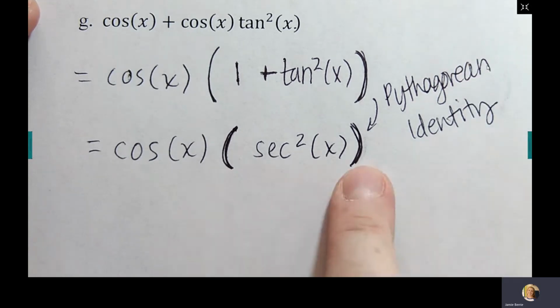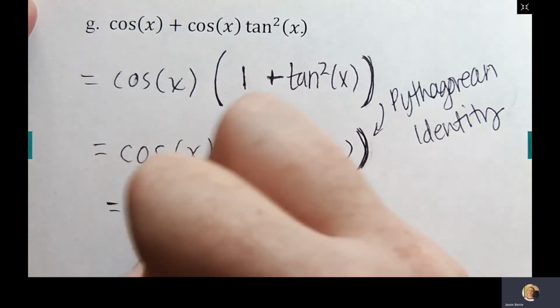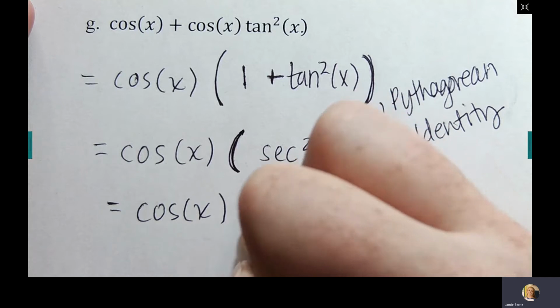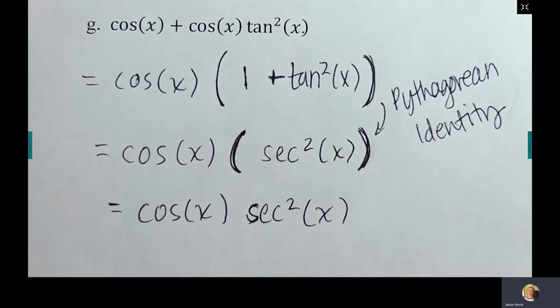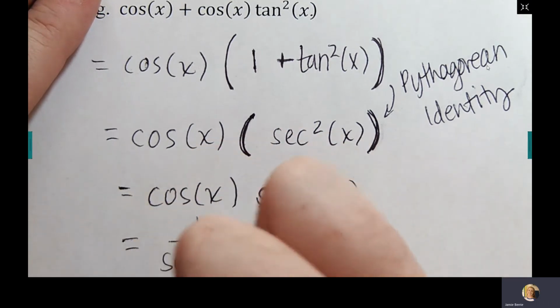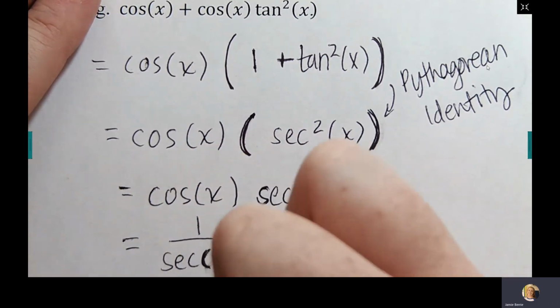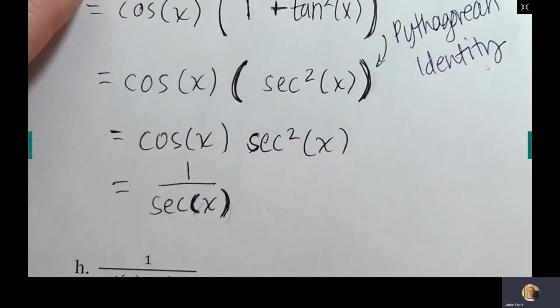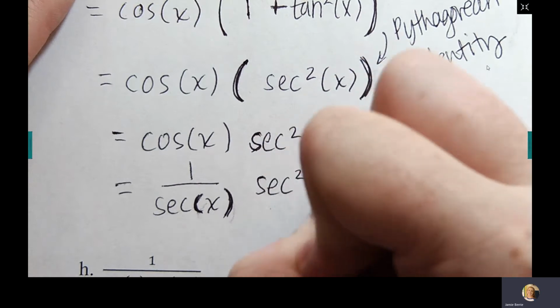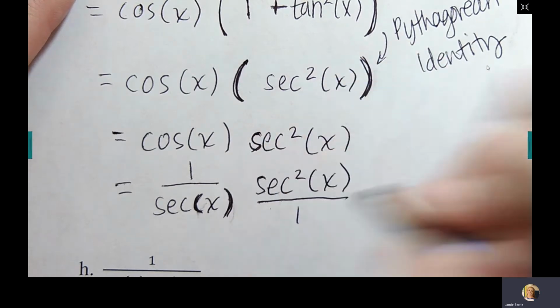All right, so I'm going to drop this set of parentheses, if you don't mind. And then I'm going to think, how can I relate cosine and secant? 1 over secant. Yep, 1 over secant. So cosine is the same thing as 1 over secant of x. Be careful there because sometimes your C ends up looking like a parentheses. I'm going to write this as secant squared x over 1.